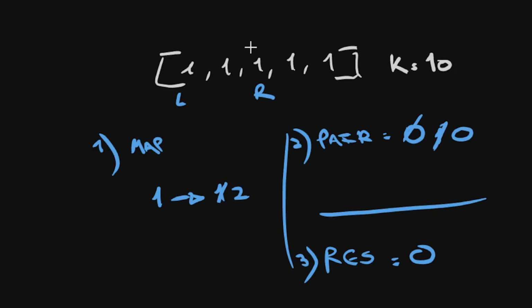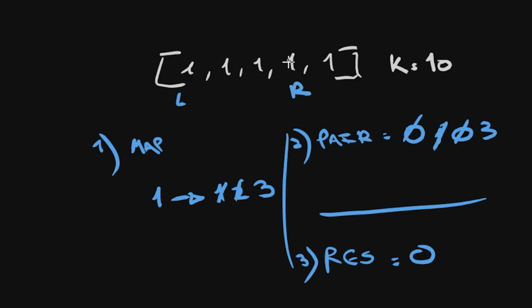And now we want to add this element to the map. So now we have seen the 1 3 times. And now we can add to the pairs 3C2, which is 3. Now pairs equals 3. And we update the right pointer.